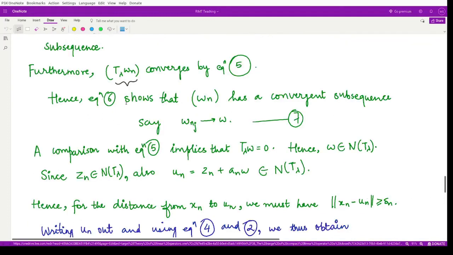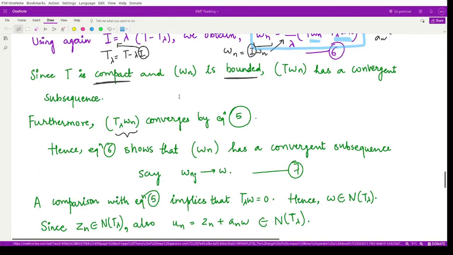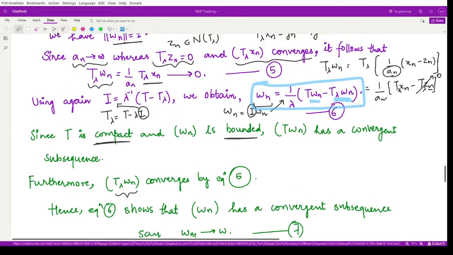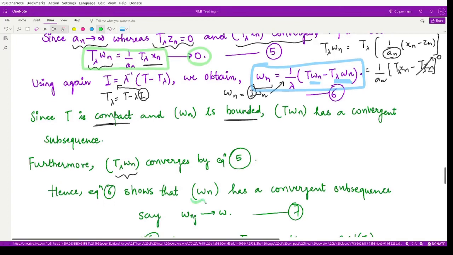Okay, so here if you see, T lambda of wn converges by equation number 5. So let me show you what our equation number 5 is. Equation number 5 is this one: T lambda of wn is 1 by an times T lambda xn. Now T lambda of wn converges to 0, right? And equation 6 shows that the sequence wn has a convergent subsequence, which we are calling w.